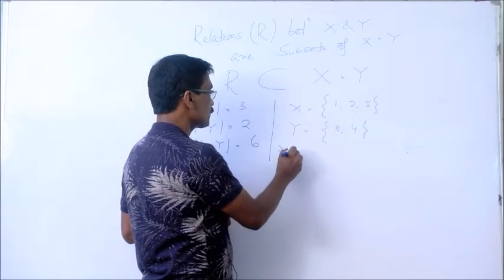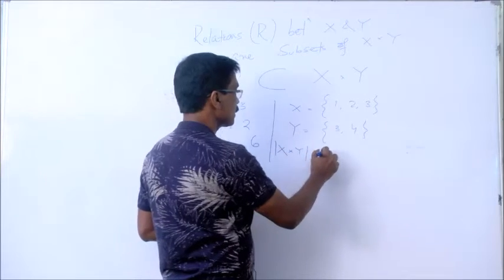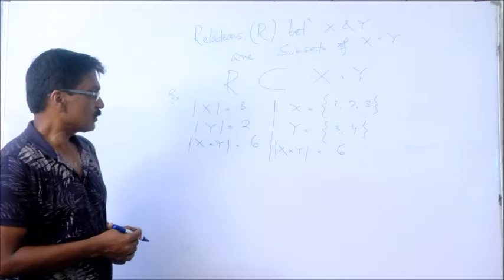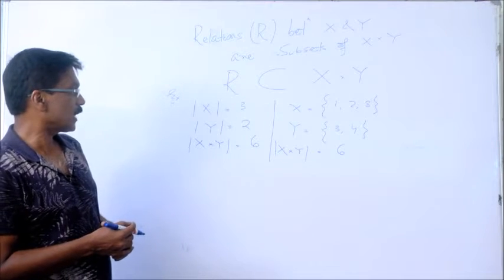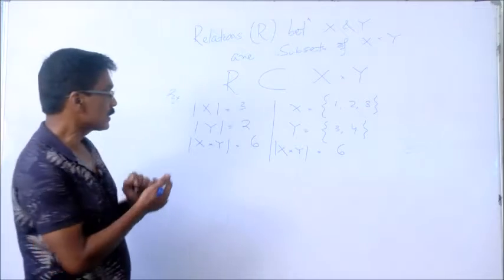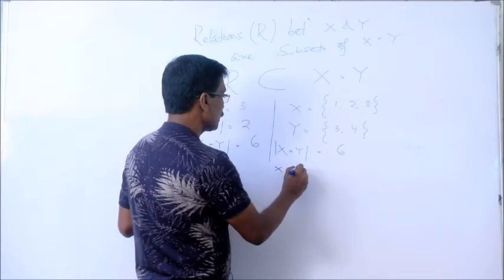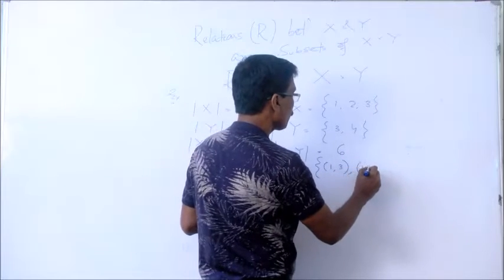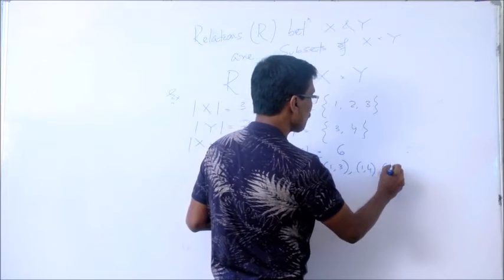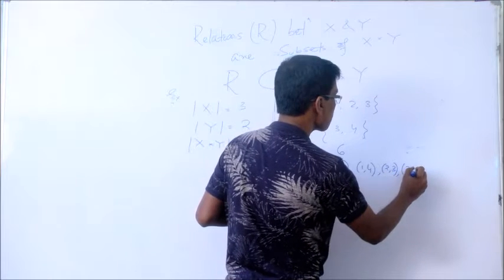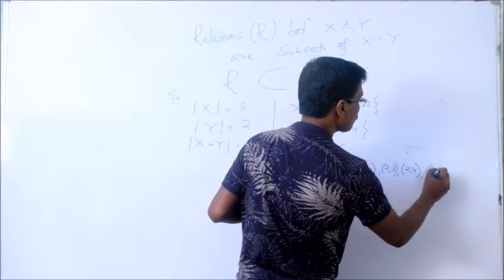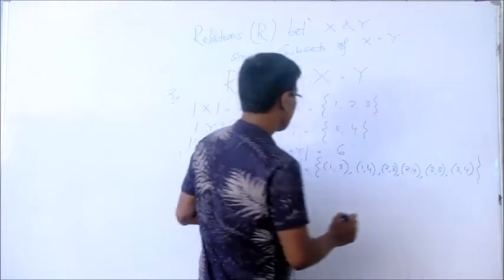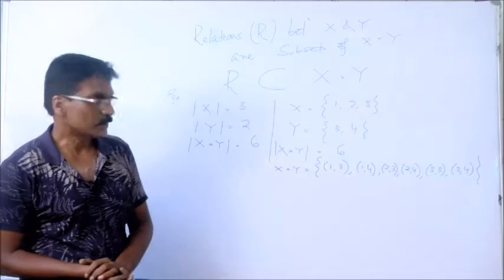Then x cross y has 6 elements. What are the 6 elements? Obviously, x cross y is equal to (1,3), (1,4), (2,3), (2,4), (3,3) and (3,4). These are all the elements of x cross y.